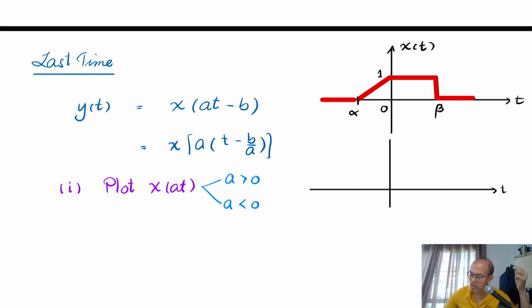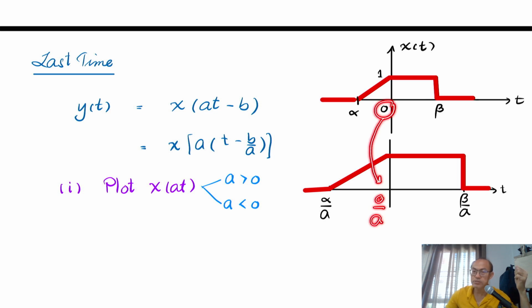So it becomes alpha over a, and beta would become beta over a. And the graph looks the same. Because there is another point at time 0, so 0 becomes 0 over a, which is also 0. So this point would stay exactly at the same time. So this is 0. And this graph is x of at.